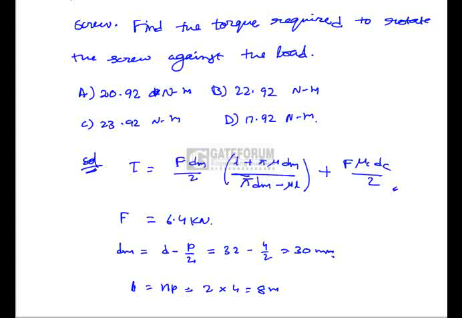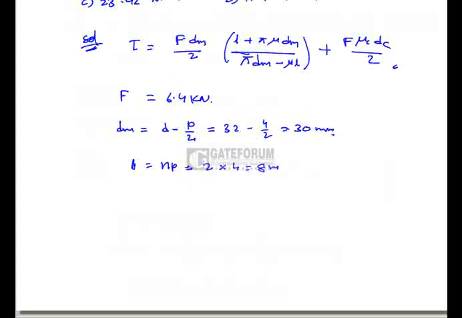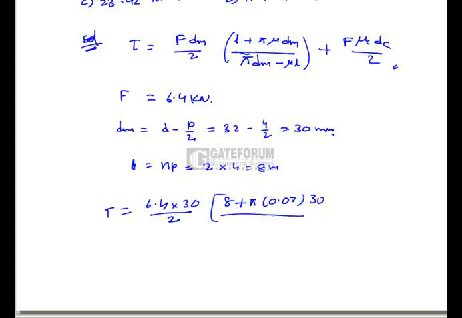So now substitute all these values in the equation, torque T is equal to 6.4 into 30 by 2 into (8 plus pi into 0.07 into 30) by (pi into 30 minus 0.07 into 8) plus 6.4 into 0.07 into 14 by 2.